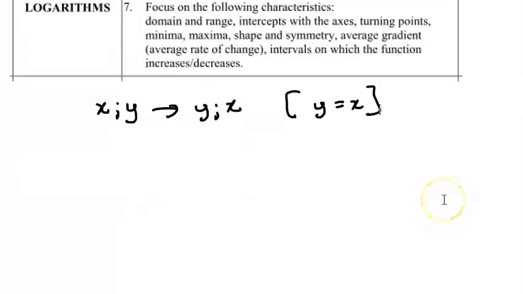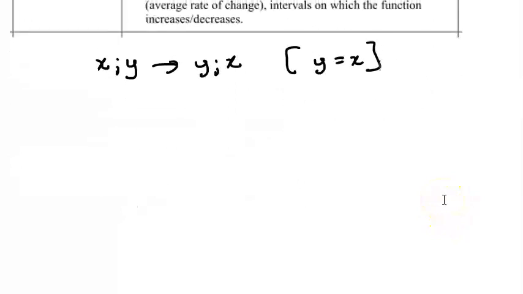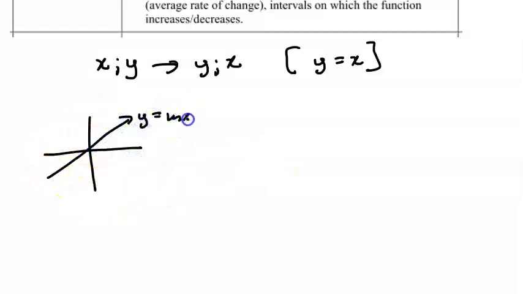Now, let's quickly go over the different types of mappings when it comes to functions. For a straight line graph in the form y equals mx plus c, this is a one-to-one mapping.